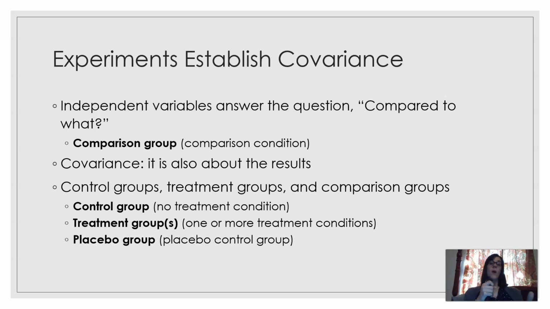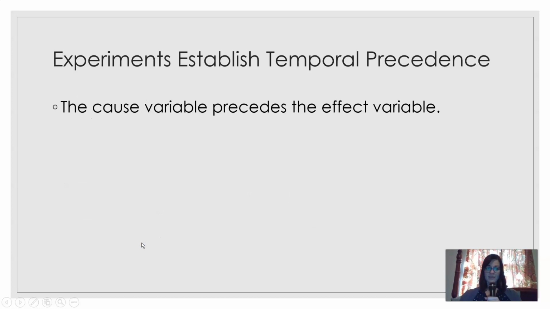So now we're going to move on to talk about how experiments establish temporal precedents and how they also establish internal validity. All right, let's go. So here it's pretty straightforward. The reason that experiments establish temporal precedents is because our independent variable, our cause in the cause-effect relationship, precedes the effect.